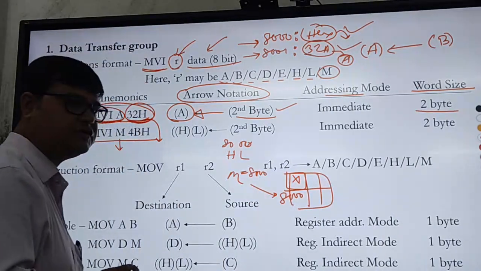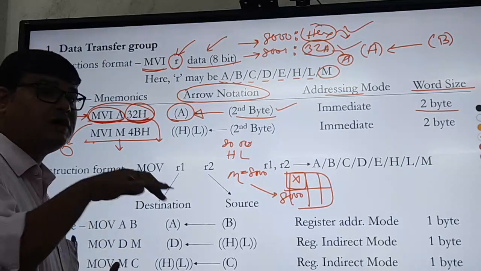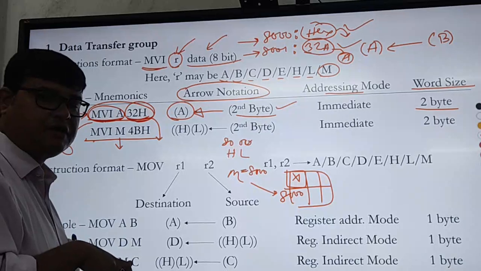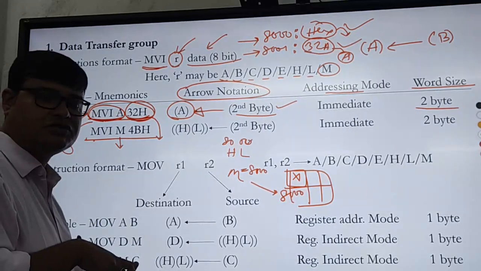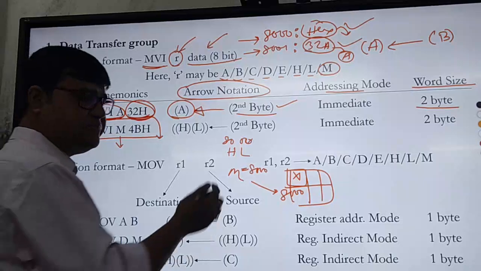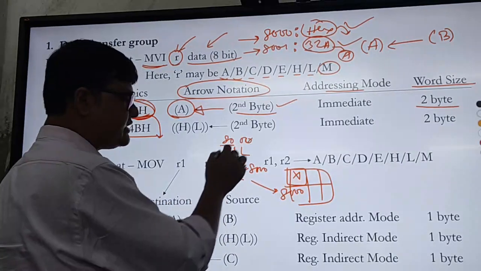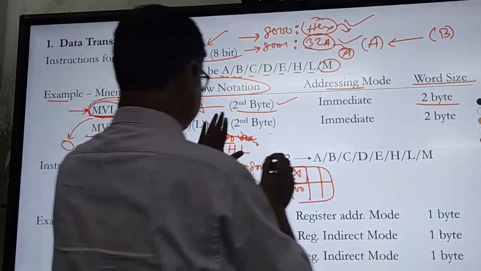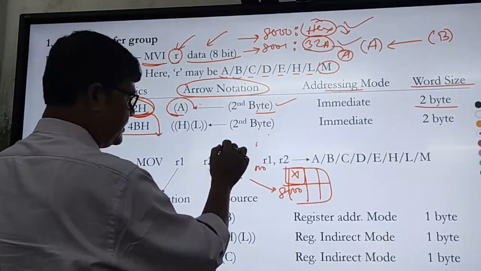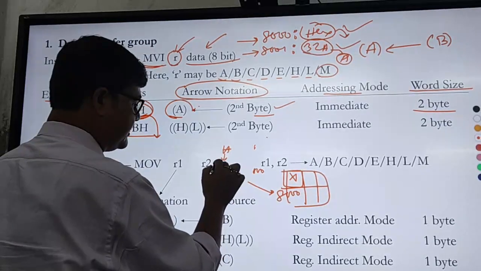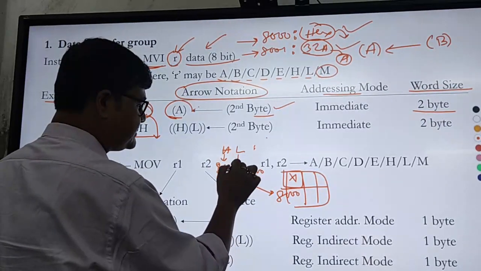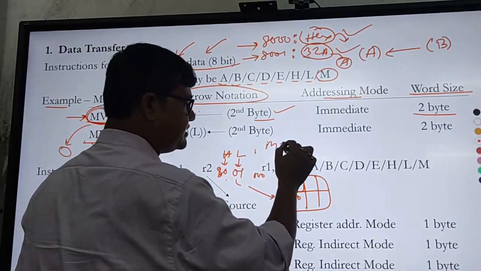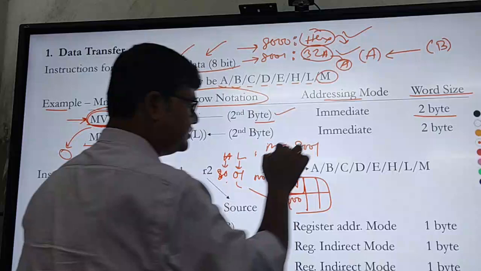If I am going to store some data in 8001, we have to define 8001 by M. How? We can store 8001 in the H register pair. We can store 80 in the H register and 01 in the L register. So automatically M is equal to 8001.